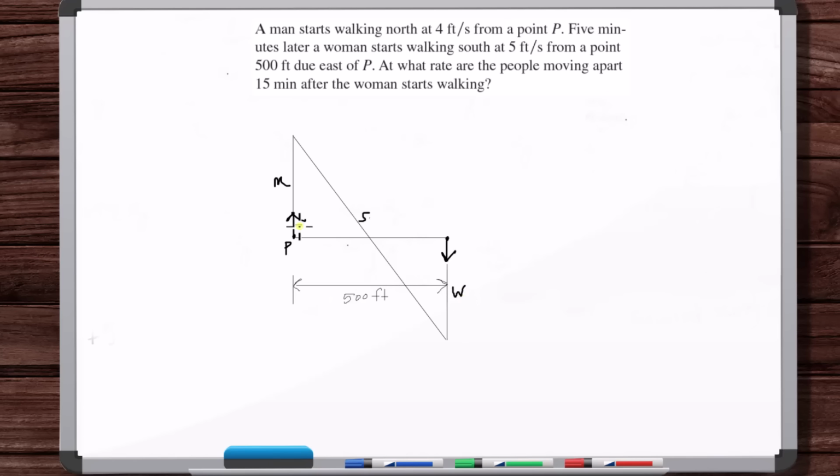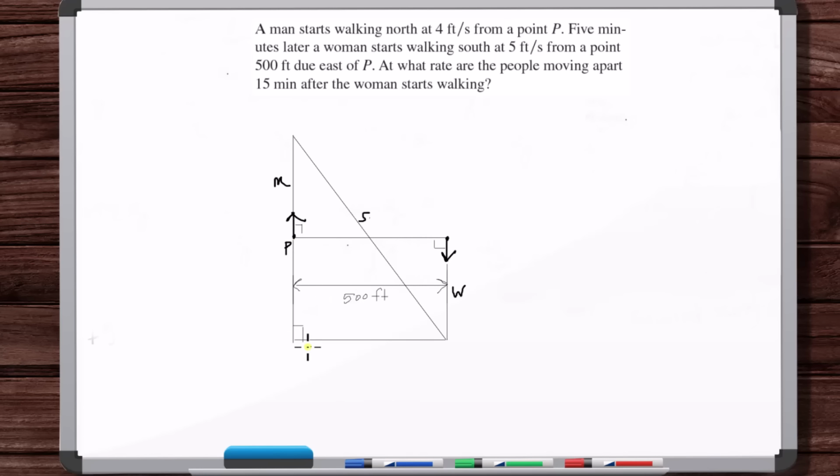We know that these are right triangles. Okay, so we're looking for S dot. How can we relate M dot and W dot to S dot? Well, we see there's a bigger right triangle.